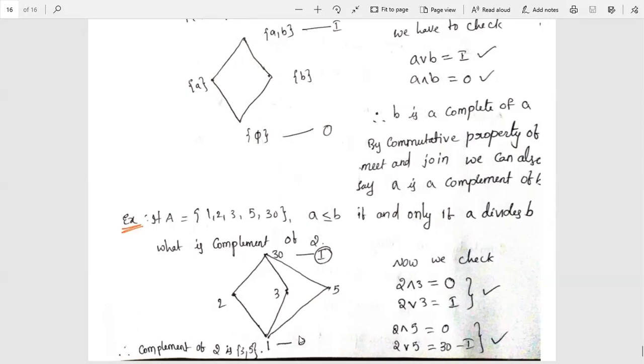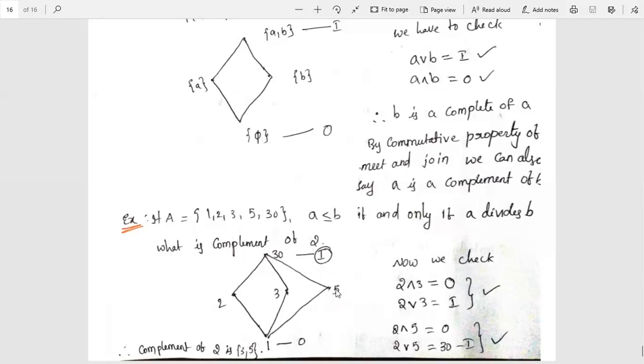The last element is 30, which is divisible by 1, 2, 3 and 5. So 1 to 2 to 30, 1 to 3 to 30, and 1 to 5 to 30. This is the Hasse diagram for the given lattice.